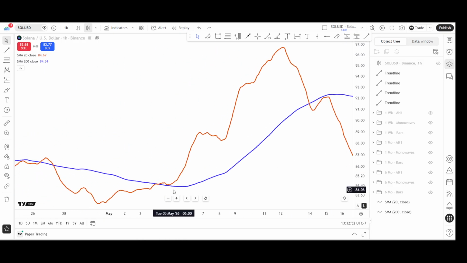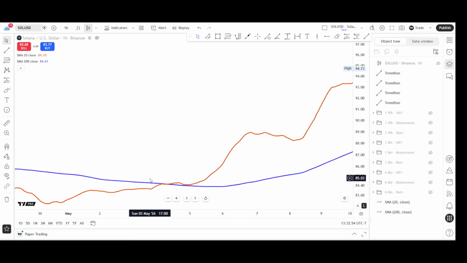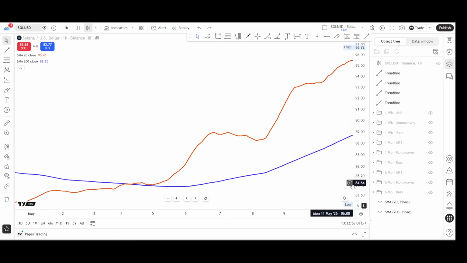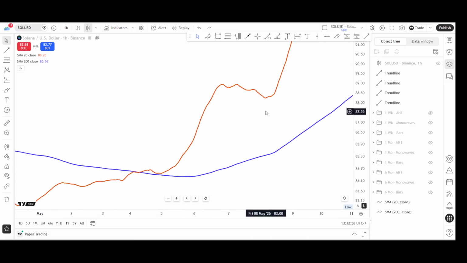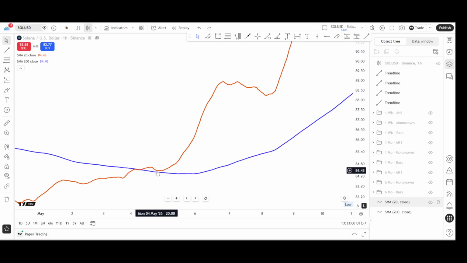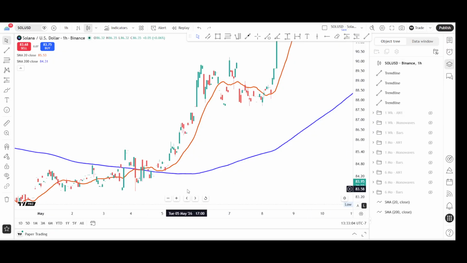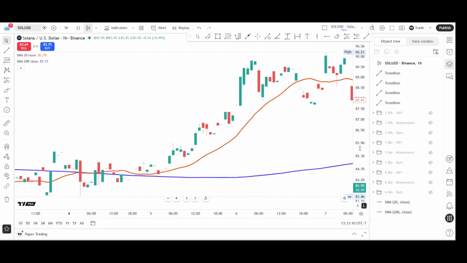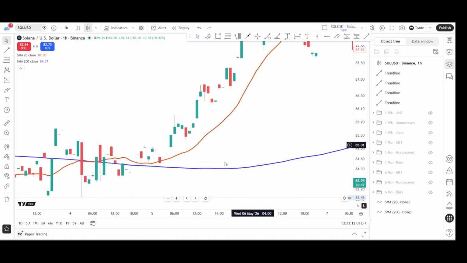So let's look at the market. Just for fun, let's see if we had a power move out of this market here. Anything that we could potentially see here. So we were wide, kind of back and forth, and then it started to rise.